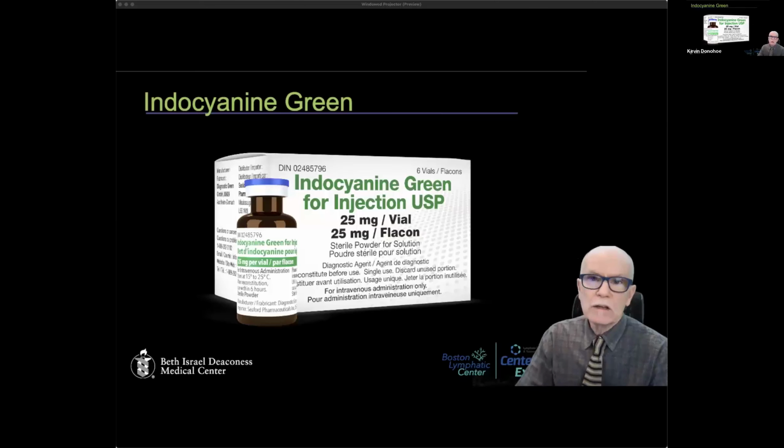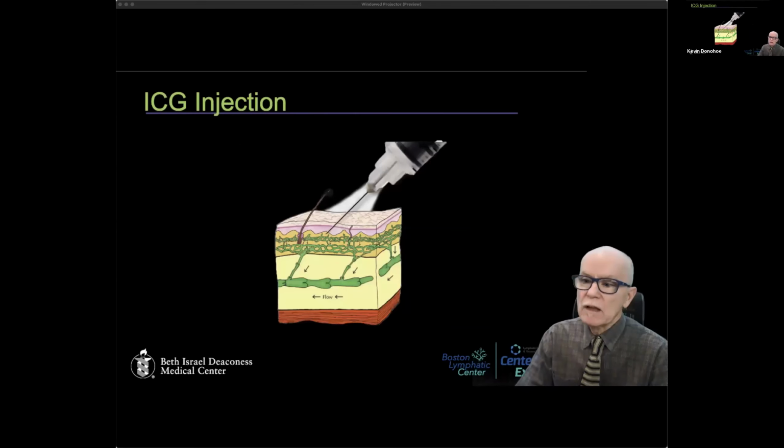So indocyanine green is just a fluorescent dye that you inject. The injections for both indocyanine green and for the nuclear lymphoscintigraphy tracer are all done intradermally. You want it intradermally because that's where you have a lot of lymphatic channels. There are larger channels below there, but the lymphatic channels are more likely to pick up the tracer if you inject it right by the lymphatic capillaries.